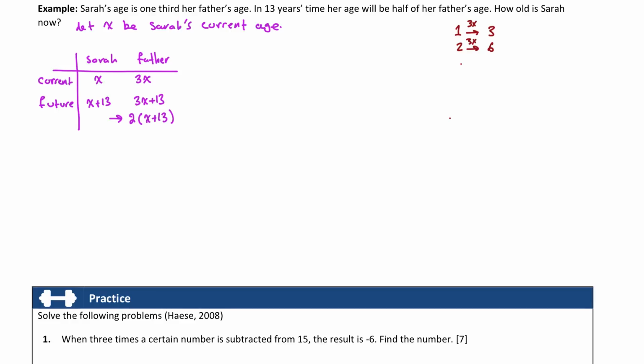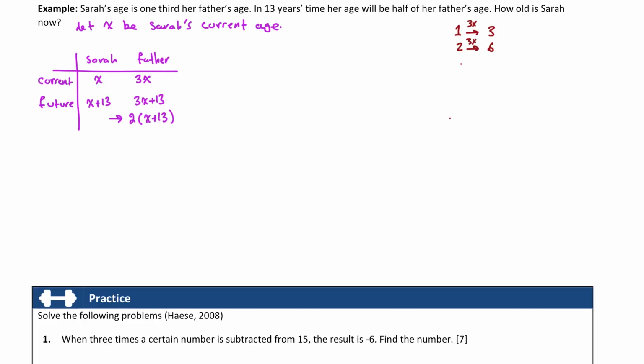So now I have one set of information here, and another set of information here, and this is very valuable because I can actually set these two to be equal, and using that I should be able to solve for my x value, which is actually Sarah's current age. So let's try that out.